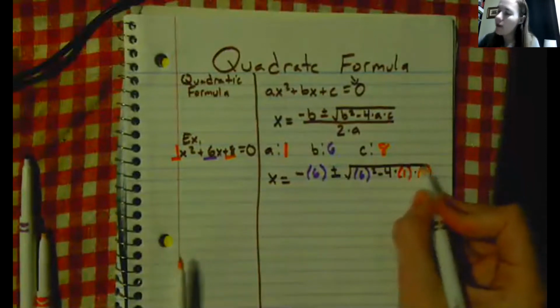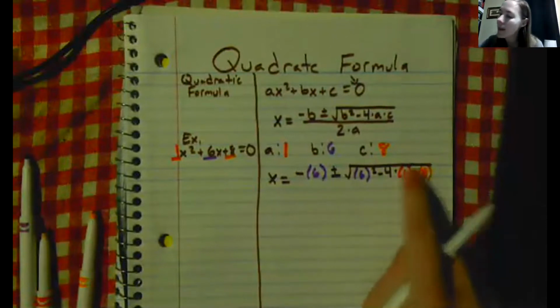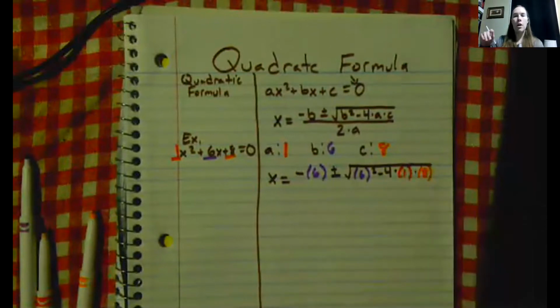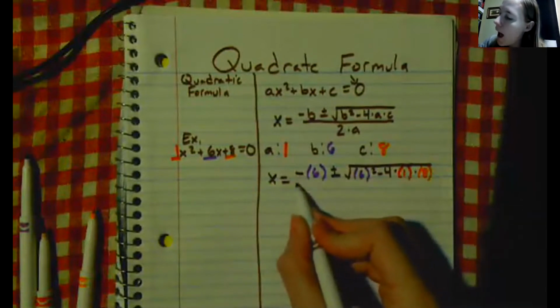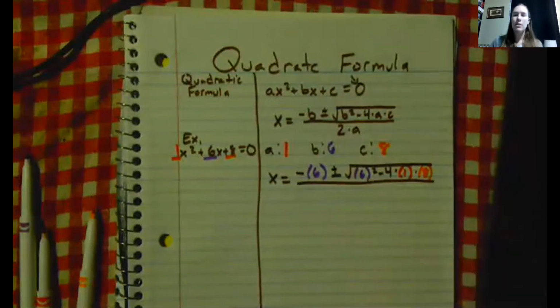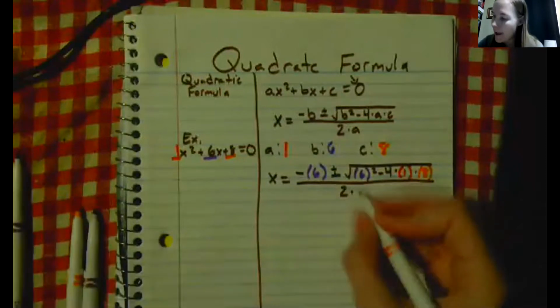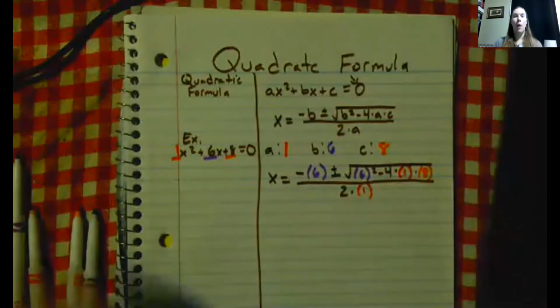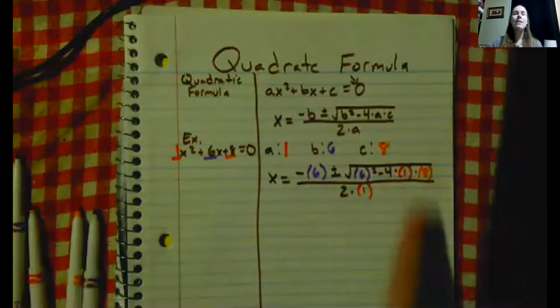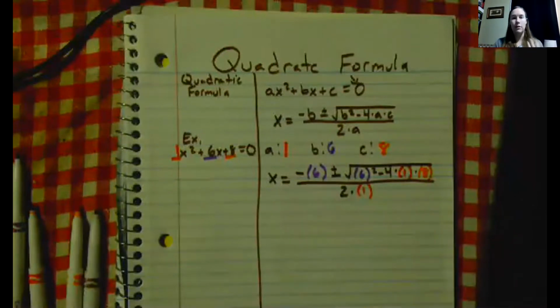So that's the very top, and notice how I kept making the square root go longer? You want your square root to be over all of this part. And then you want the entire top to be divided by 2 times your a. And my a here is 1. So this is a whole lot of math we're going to have to do. So we're going to break it down and do it a little bit at a time to make it easier.